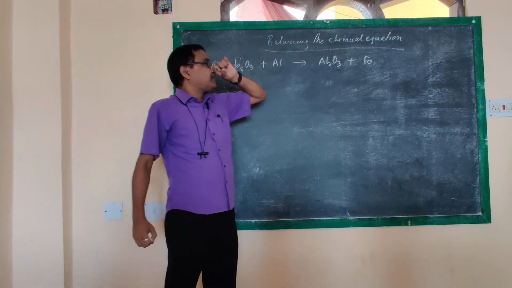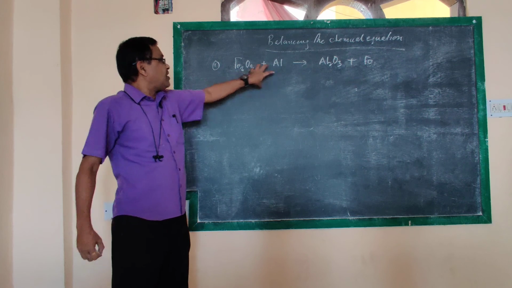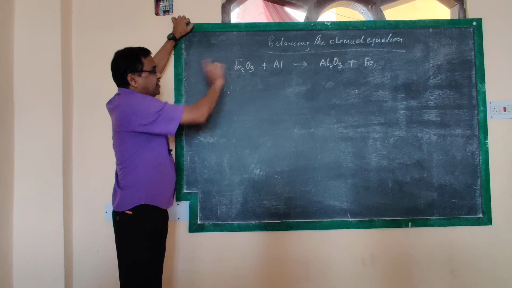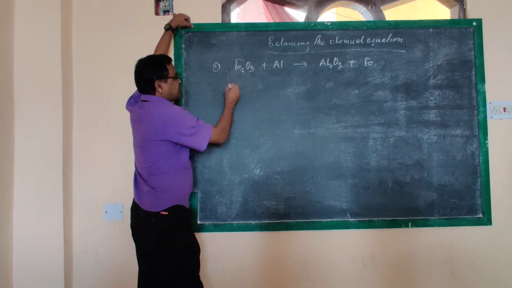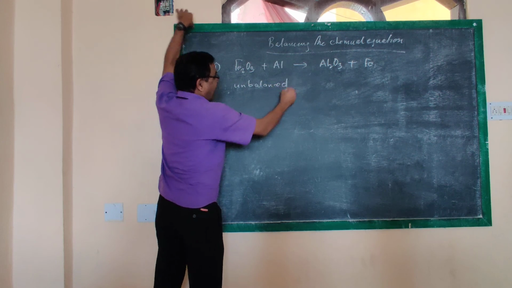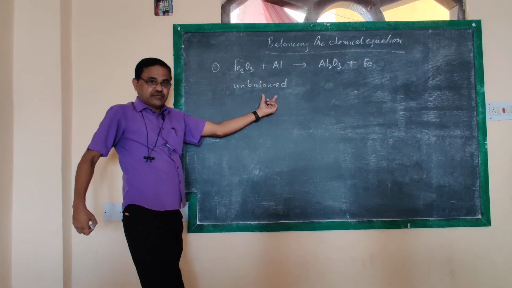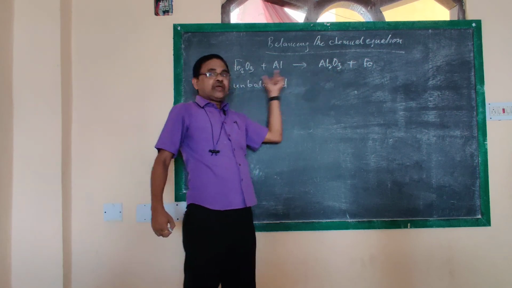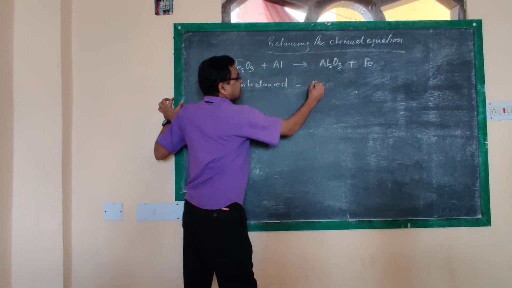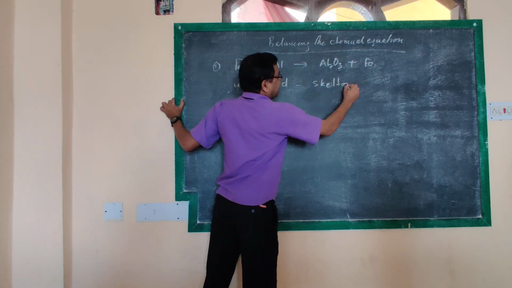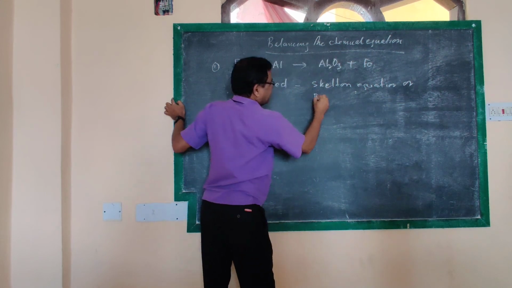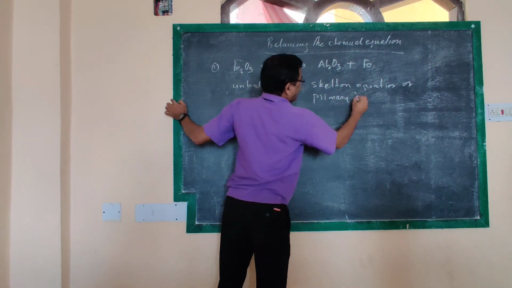Now look at this reaction. This reaction is not balanced on the reactant and product sides. This type of unbalanced equation, having chemical or molecular formulas, is called a skeleton equation, or we can call it a primary equation.